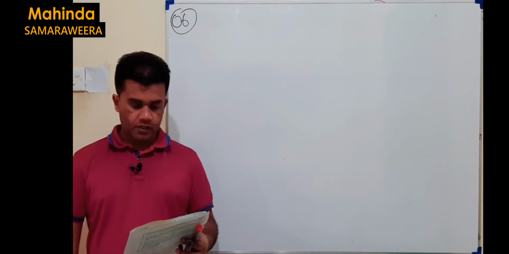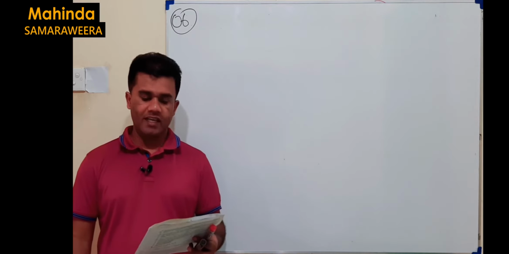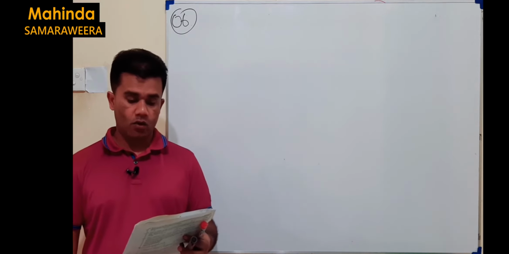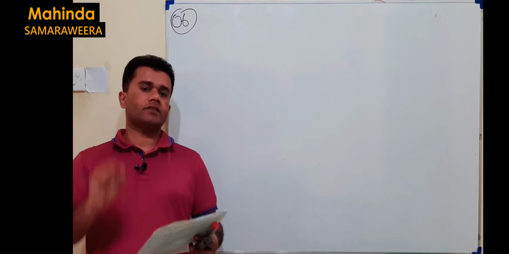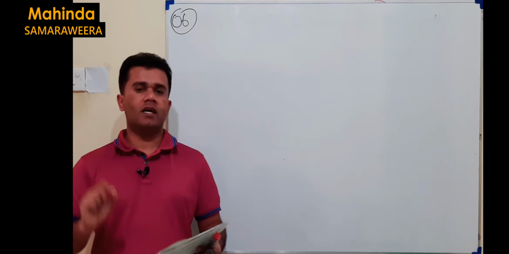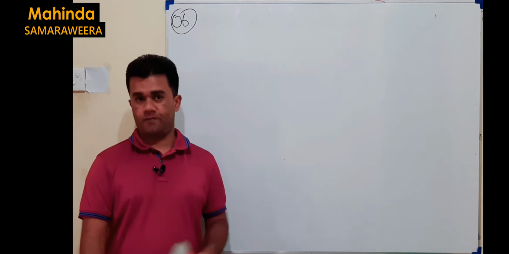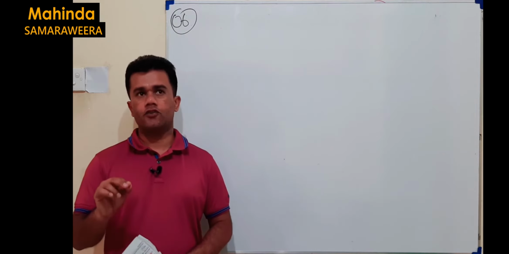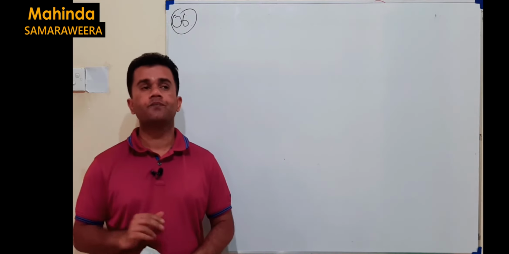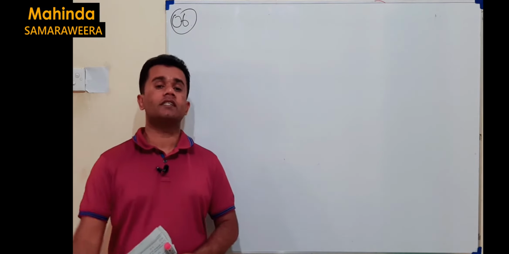Question number 6, again from quantum numbers. The energy of an electron in an atomic orbital of a multi-electron atom. Multi-electron atom means the atom has more than one electron. It's not something like hydrogen, because hydrogen atom has only one electron. So if you get hydrogen with one electron, remember the energy varies according to the main energy levels only.